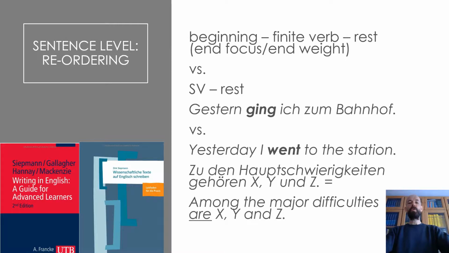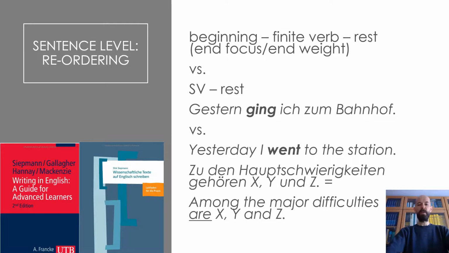In English, of course, we have SV order, subject, verb, usually, and what follows is the rest of the sentence. So a sentence like Gestern ging ich zum Bahnhof must be translated as yesterday I went to the station.